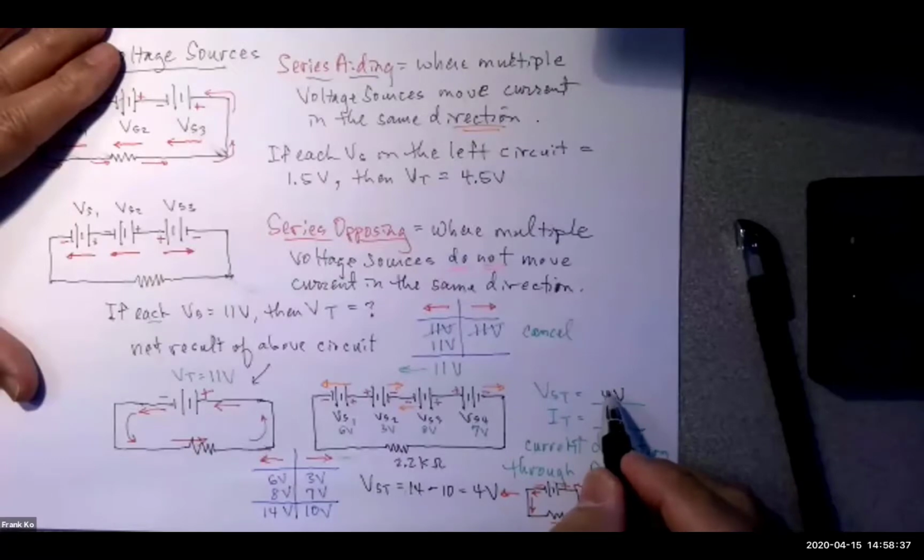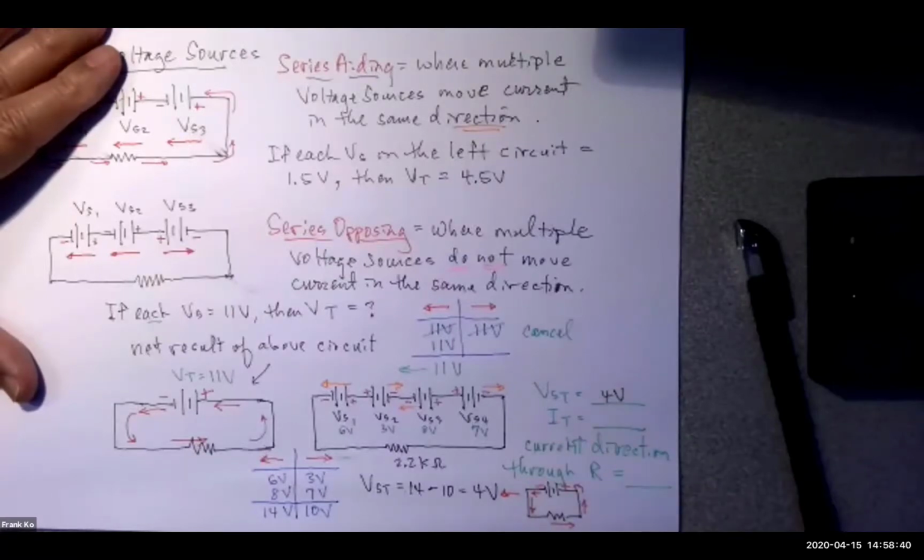And it is 4 volts. Do we have enough information to calculate the current? 4 volts, yes, and 2.2 k ohms. So let's go ahead and do that.